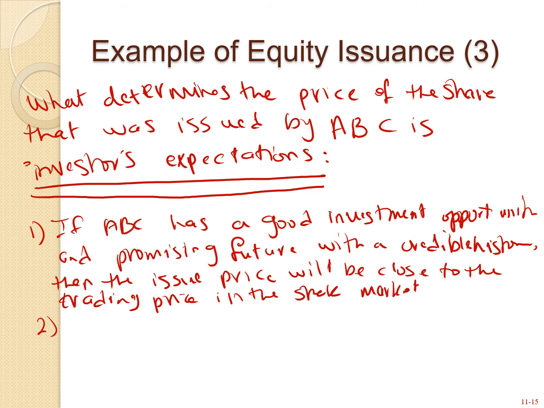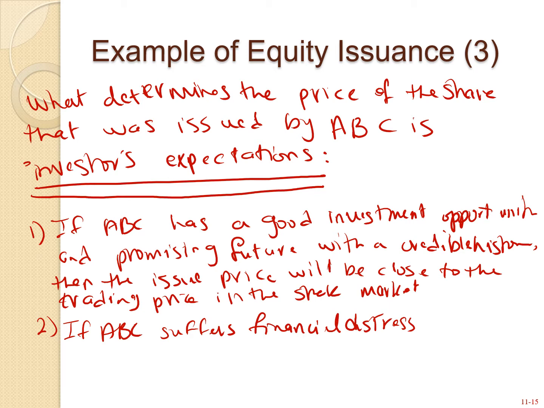However, on the other hand, if ABC suffers financial distress or difficulties, and when we say financial distress or difficulties, it means that this company is not able to meet its financial obligations.